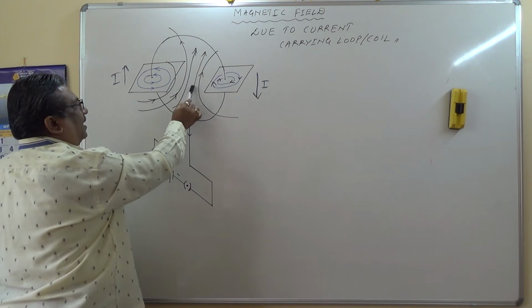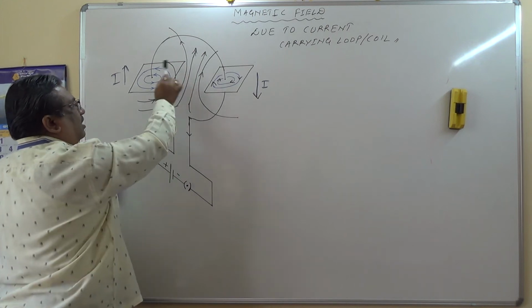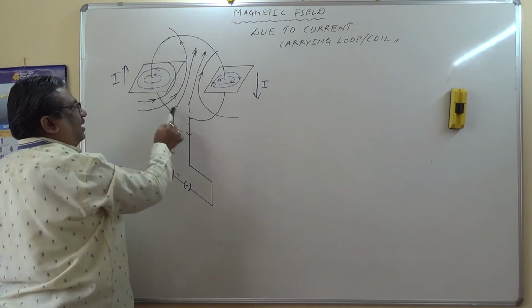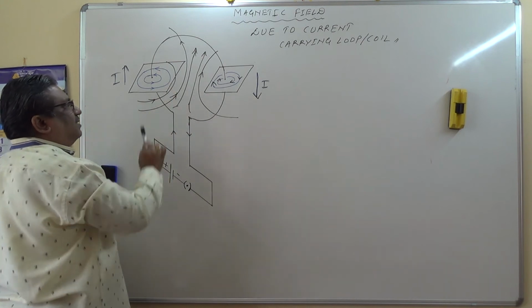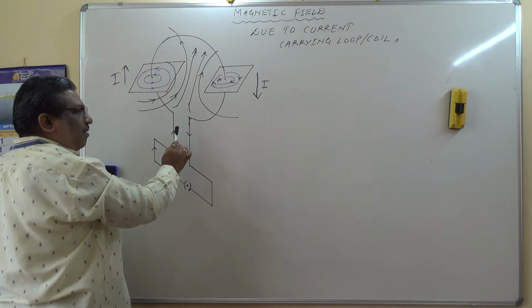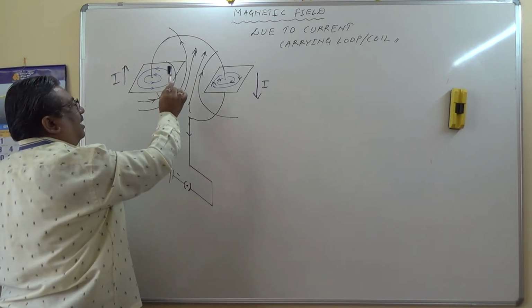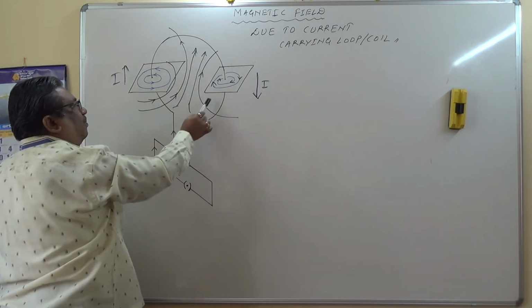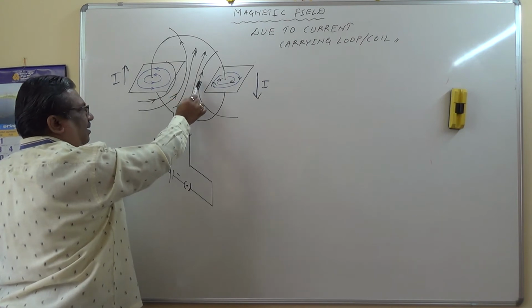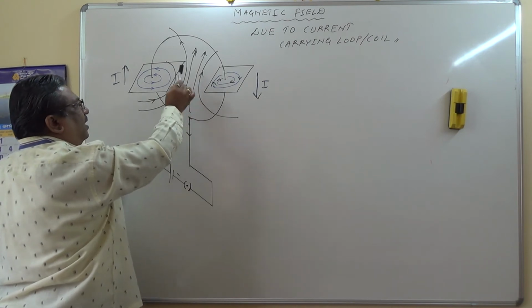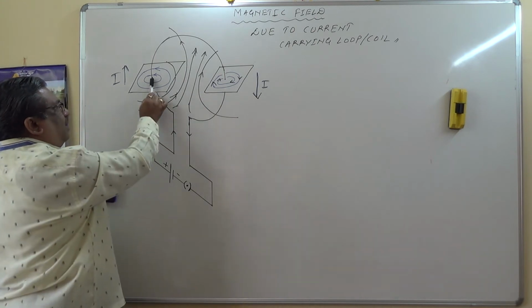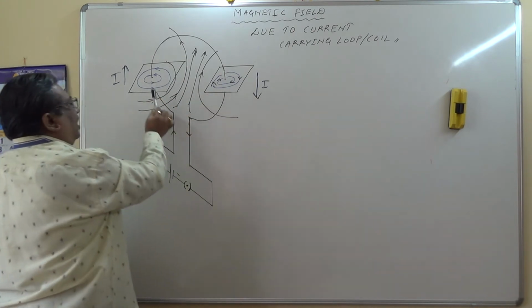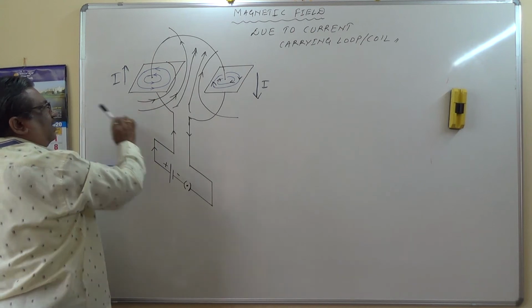All these parallel lines are in the same direction. So within the space enclosed by the loop, the direction of the magnetic field lines is the same. You got it? And at the center of the loop, the magnetic field lines being almost parallel, it is a uniform magnetic field.